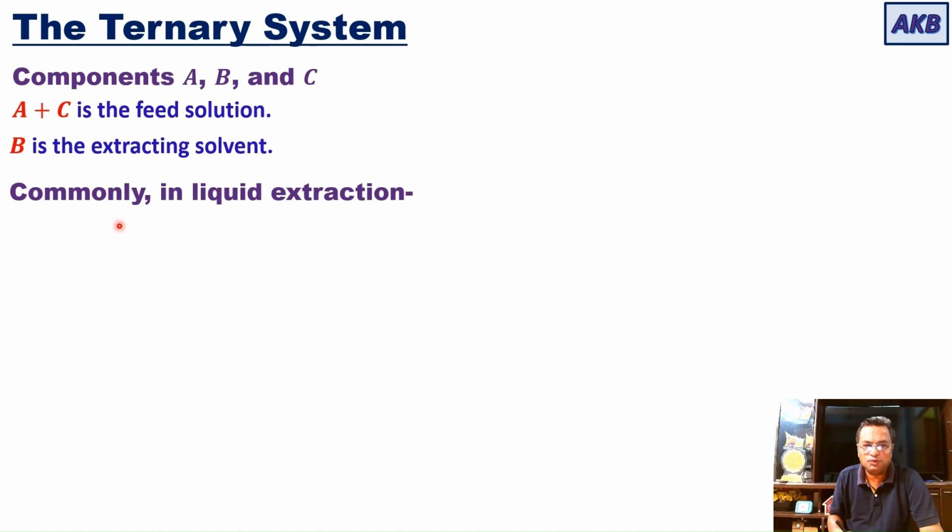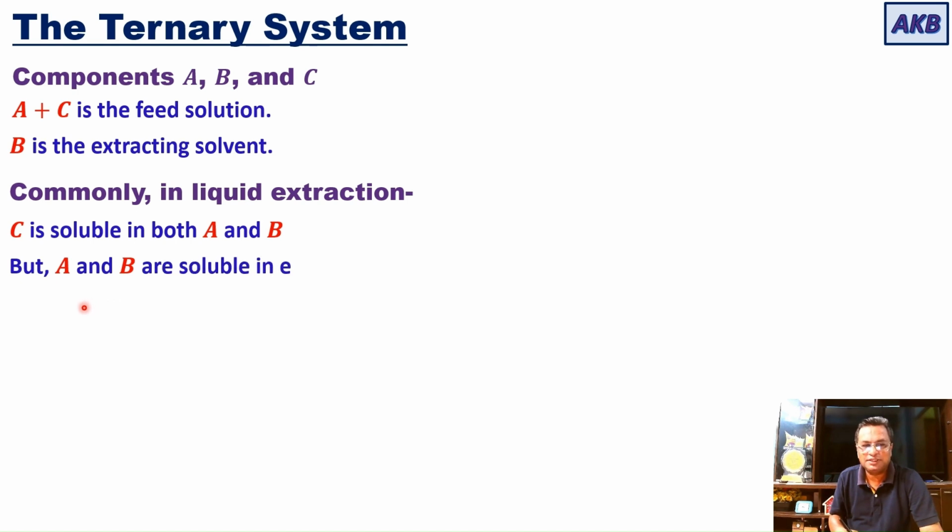Commonly, as I have told you in my earlier videos, in liquid extraction, C is soluble in both A and B. C is soluble in A and C is also equally soluble in B.